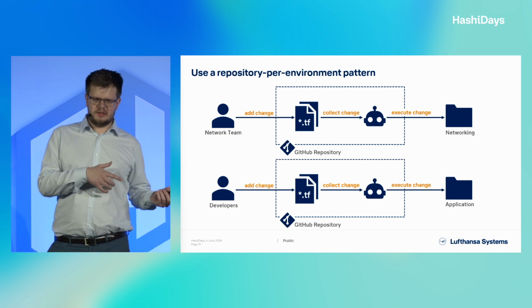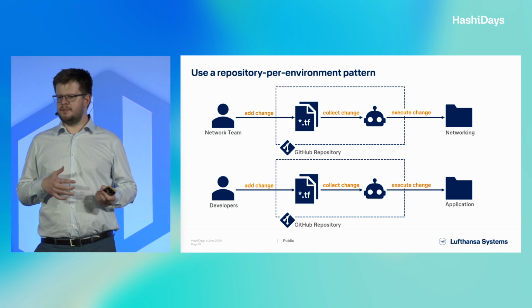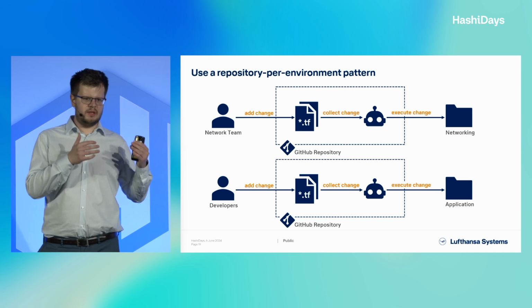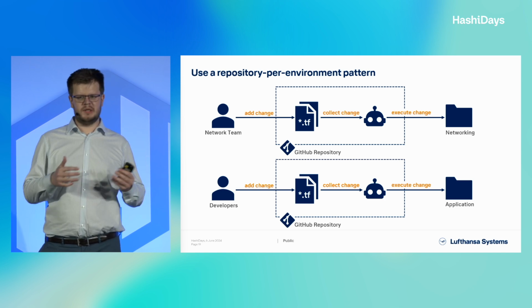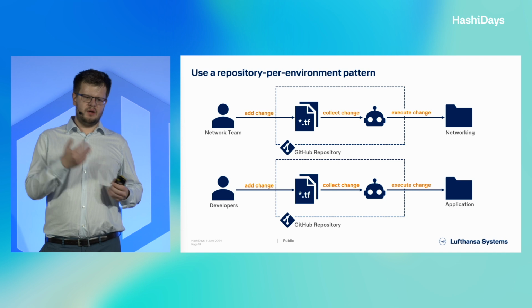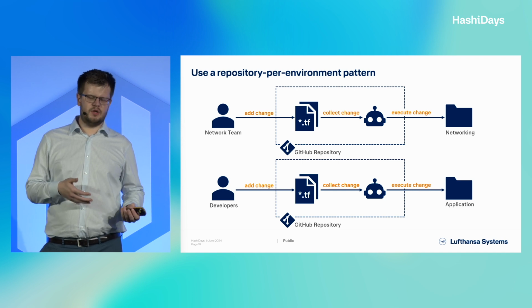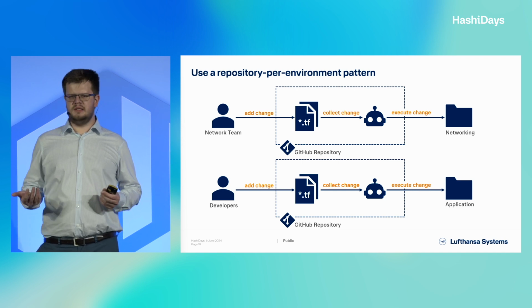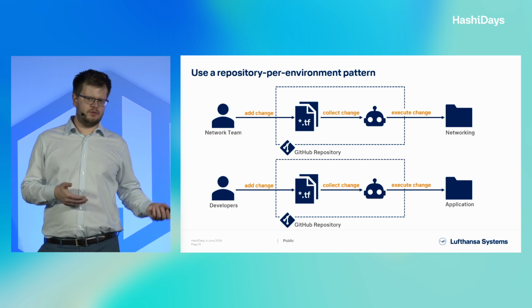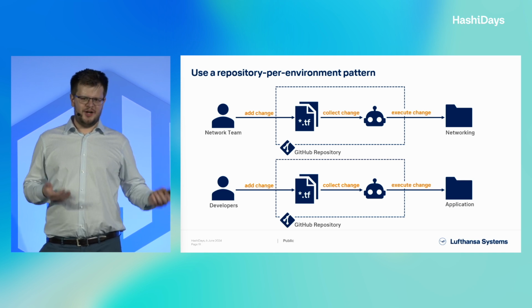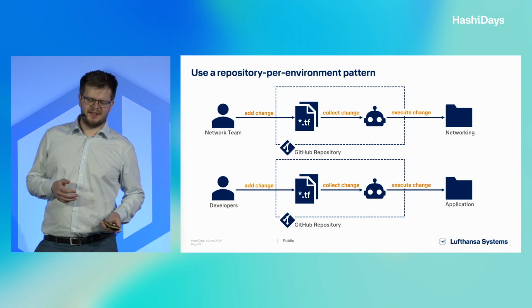And if you recall the actions file from the previous slide, we sourced the ID of the service account from a GitHub variable. So we can in all repositories reuse the same workflows file, just modify the variable, and in that way ensure isolation in our GitHub pipelines.